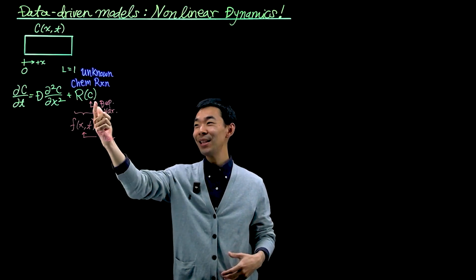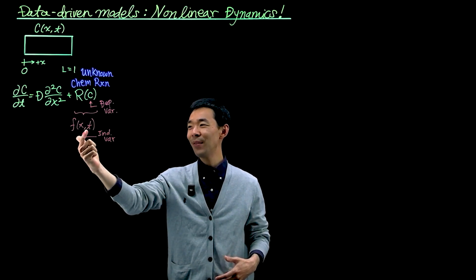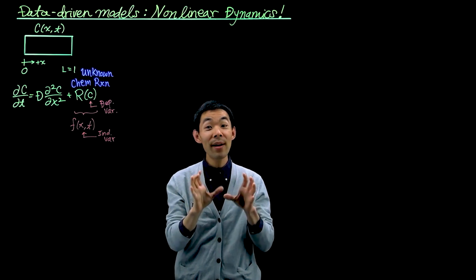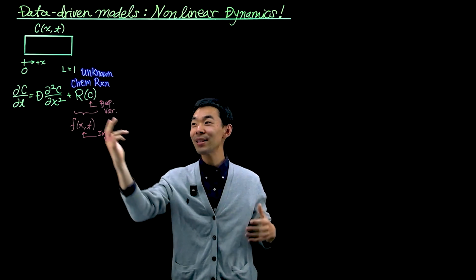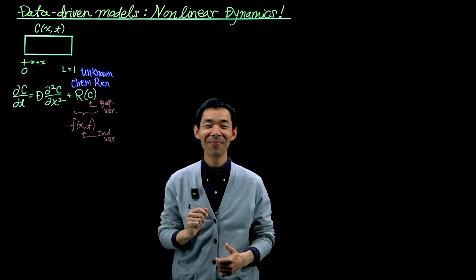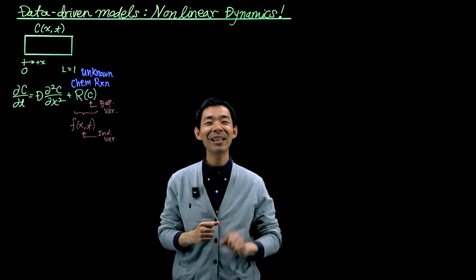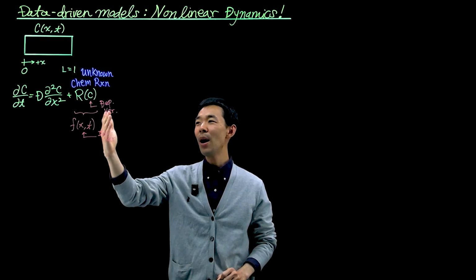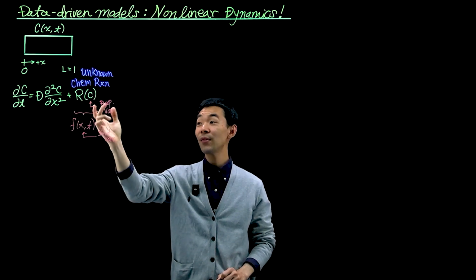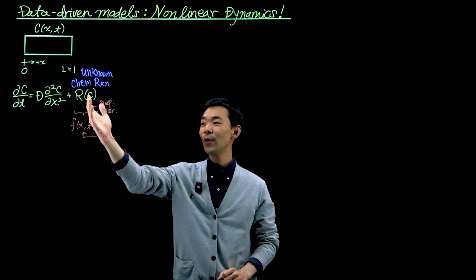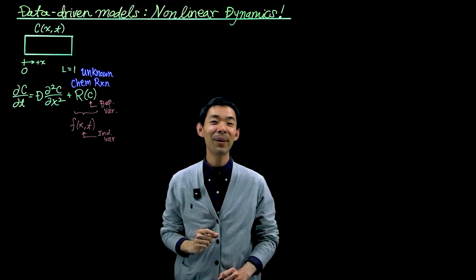Of course, C also depends on your independent variables of x and time, but you want to find the functional dependence on your concentration. Now, there's really many differences, but there's two key differences between a model that has a function of your dependent variables versus one that is only a function of your independent variables.